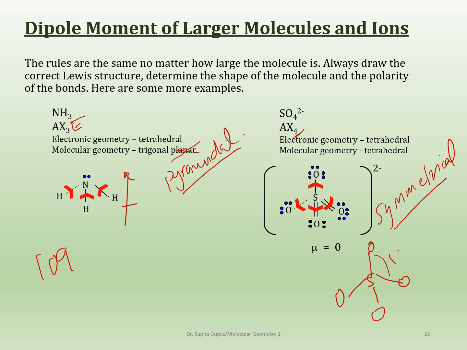So bond angle is 109, and now sulfur is not moving anywhere. So the dipole moment is 0, okay, for sulfate. So that's kind of how you work out the dipole moment, okay? And I'm sorry about all these errors. I'll fix that in the writing, but here we have it, at least in the video, okay?